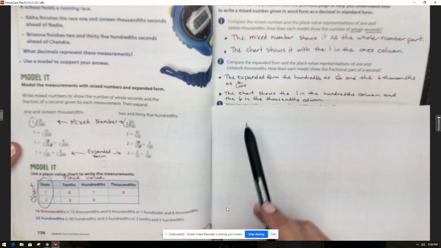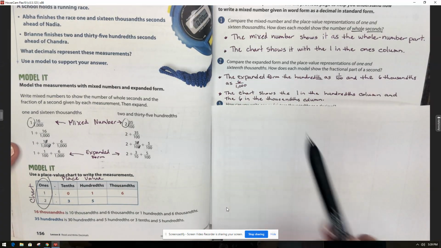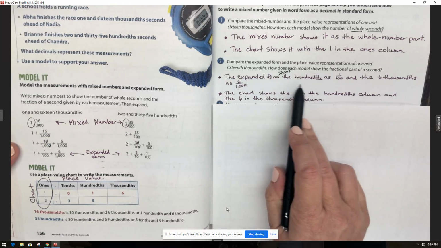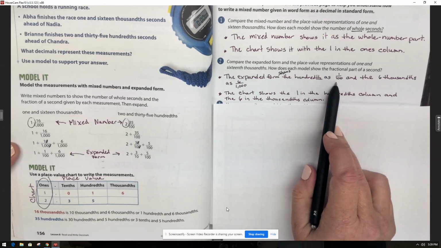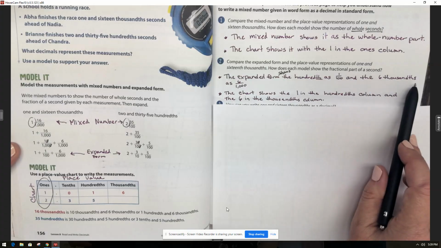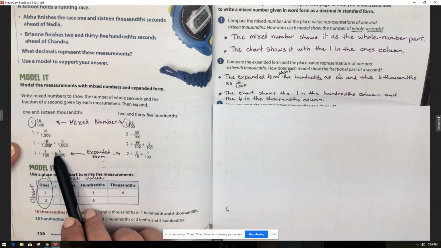So the expanded form shows the hundredth as 1 100th, as you can see here, and the 6 thousandths as 6 thousandths.